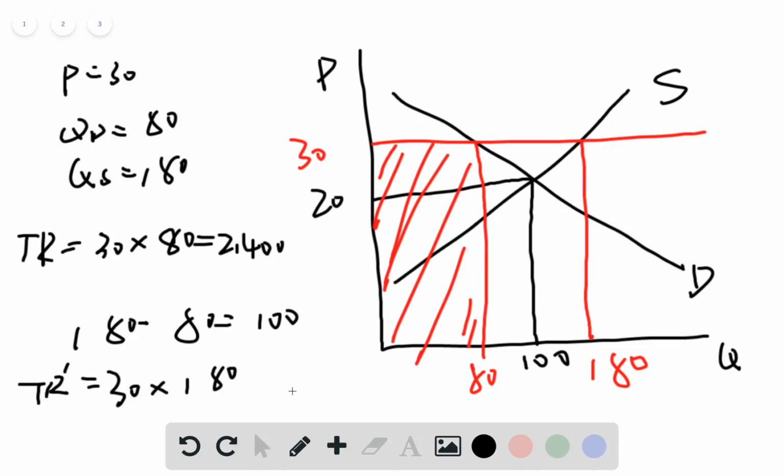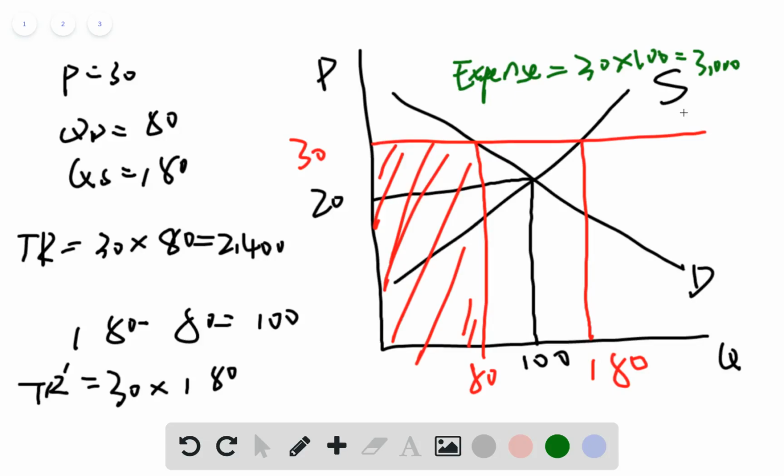So that is the total revenue. And it asks how much the government would spend on buying the surplus. So let's say the expense of the government equals the price of the good, $30, and the government needs to buy 100 surplus units. That means the expense of the government is 3,000.